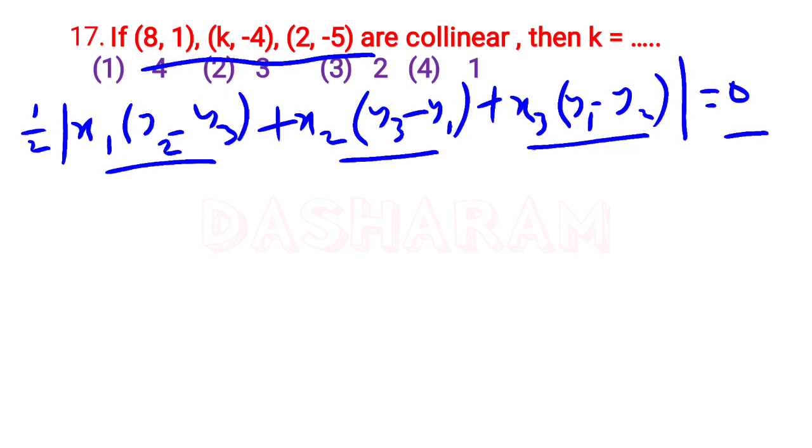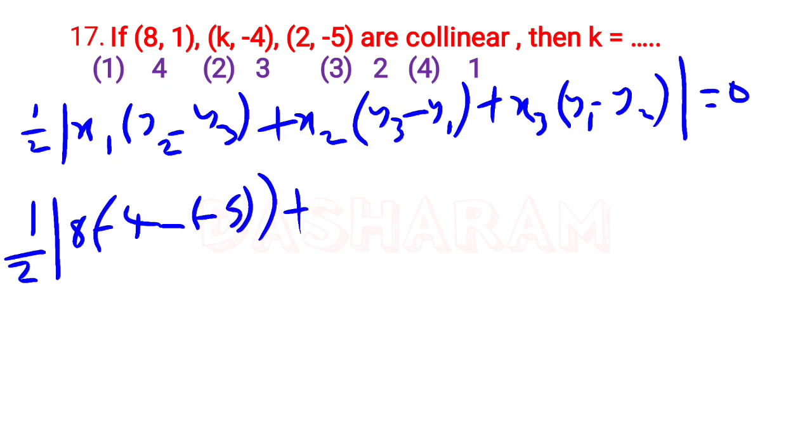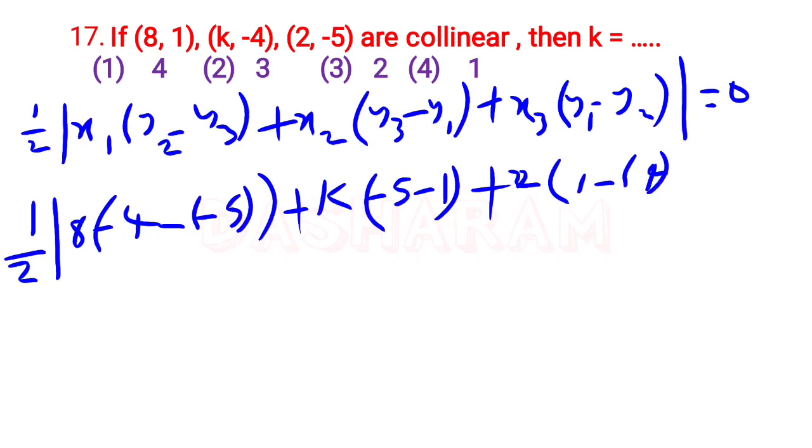So let's substitute the ordered pairs in this. x1 is 8, bracket of y2 minus 4 minus y3 minus 5, plus x2 k, bracket of y3 minus 5 minus y1 1, plus x3 2, bracket of y1 is 1 minus y2 is minus 4, equals 0.